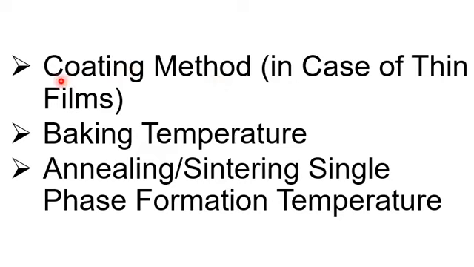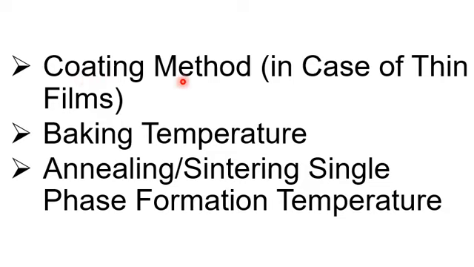Dear student, please note that in chemical solution processes there are different known coating methods used. One of the most commonly used coating methods in a chemical solution deposition is known as spin coating process. Another method used to coat a sol gel solution is known as dip coating method. Okay, and dip coating method is layer by layer method.